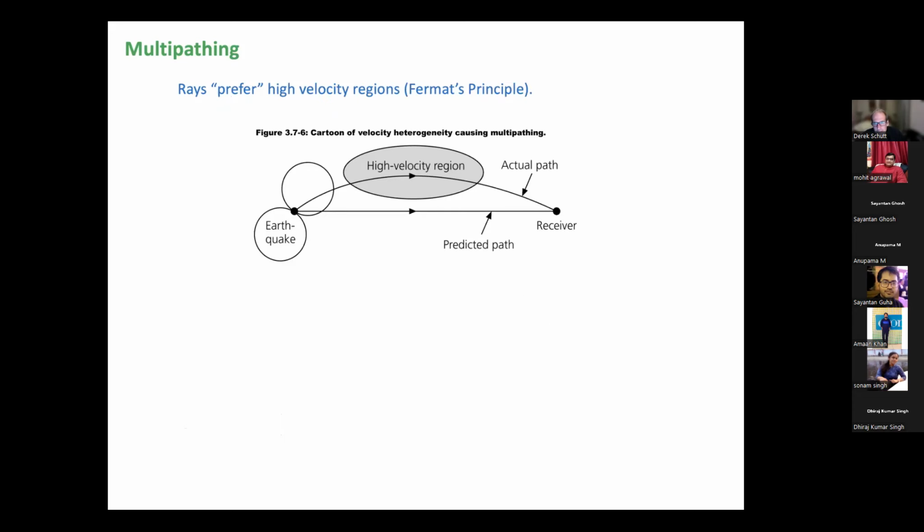Rays prefer high velocity regions, and we can bring that back to Fermat's principle that suggests that rays will take the shortest travel time path between the earthquake and the receiver. So that's not necessarily the straight line path, because if it goes through a high velocity region, it could arrive quicker than if it goes through the straight line path.